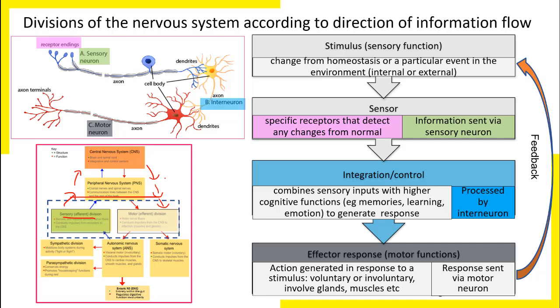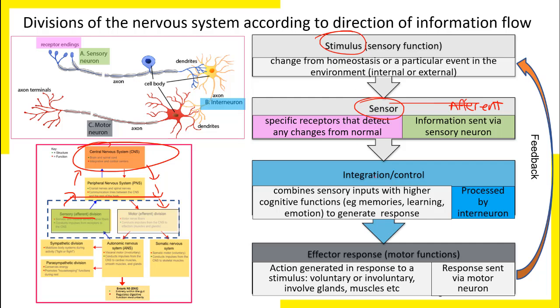So again, this is the whole neuronal arc where you start off with a stimulus, which activates a sensor, right? A stimulus is any change from homeostasis, whether the change is generated internally or externally. Information is sent via the sensory or afferent neuron, and afferent means towards, in this case towards the central nervous system.